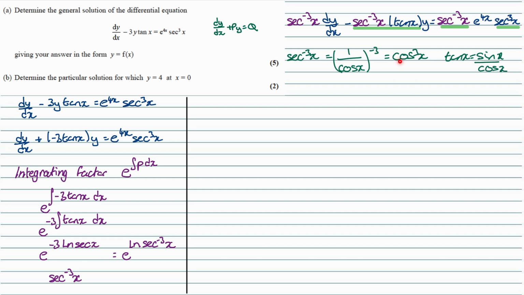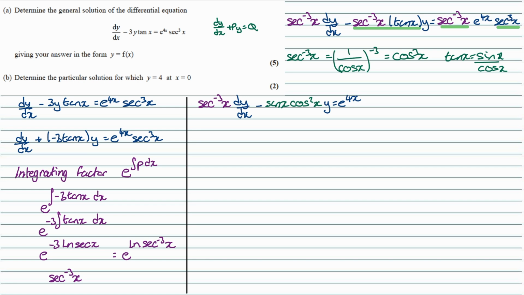So when you multiply the cos cubed x by the sin x over cos x, we'll cancel one of these with this one. So we're left with sin x cos squared x. And we know these two terms will cancel, so we're left with this will equal e to the 4x.